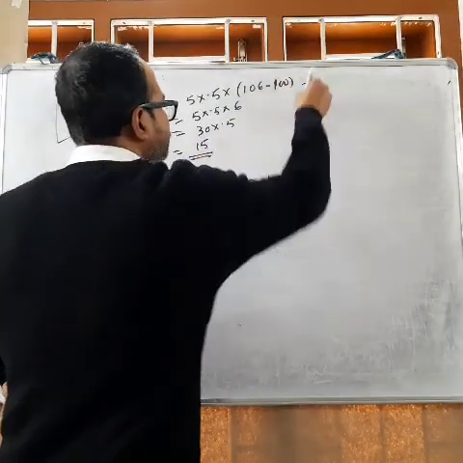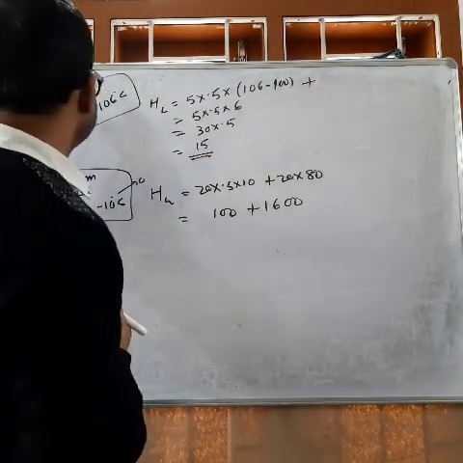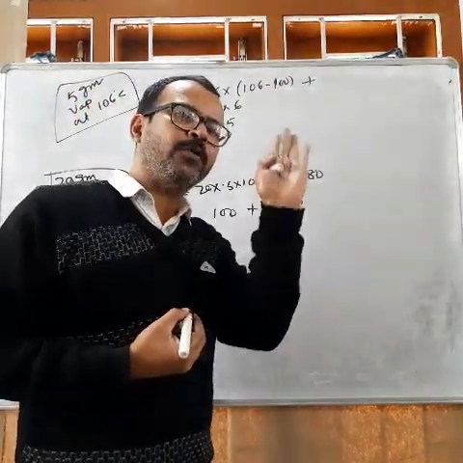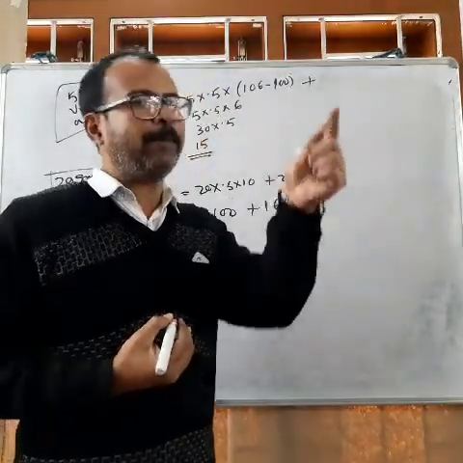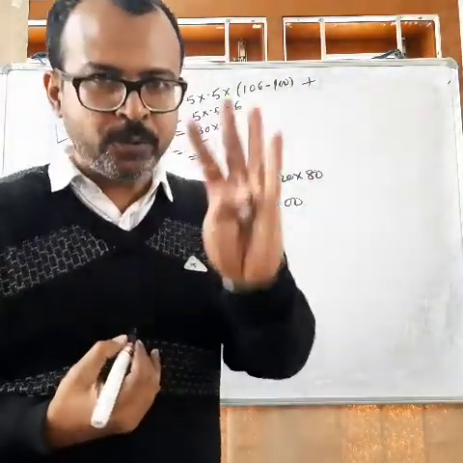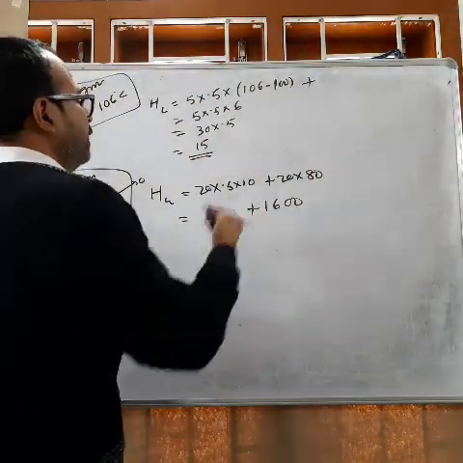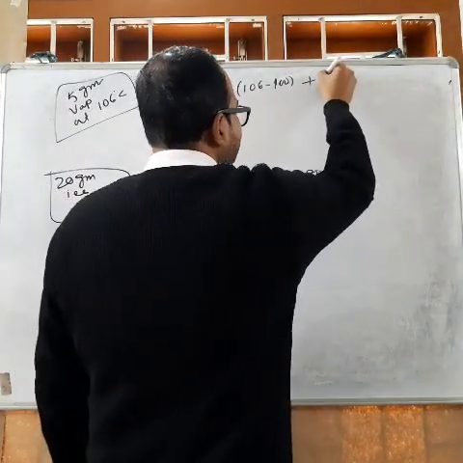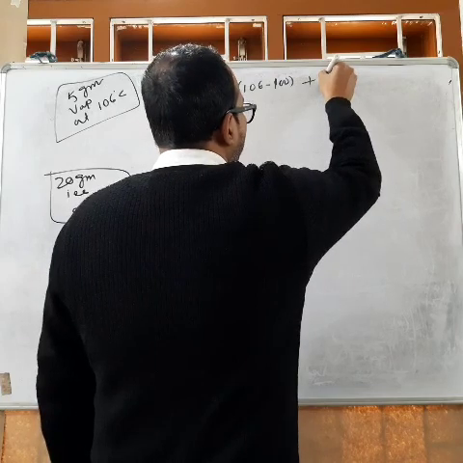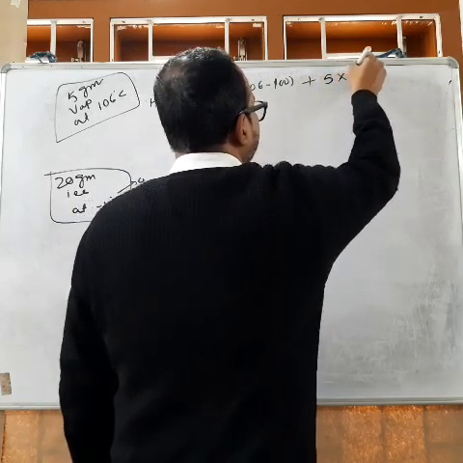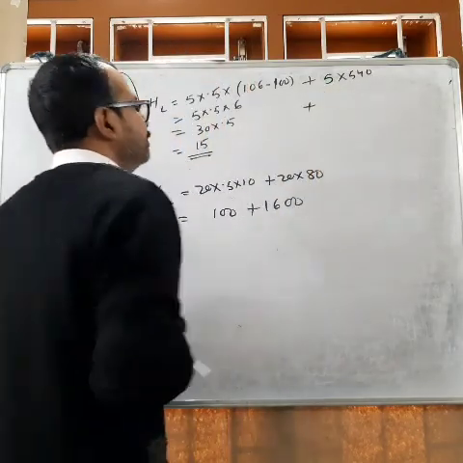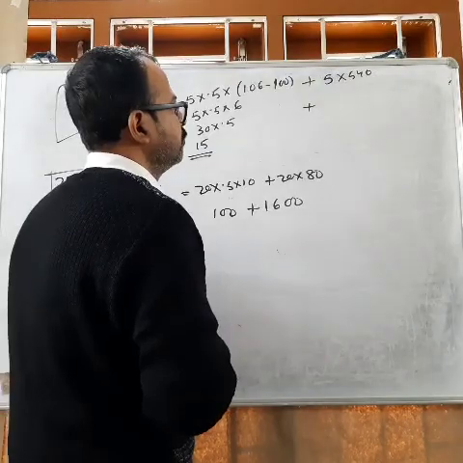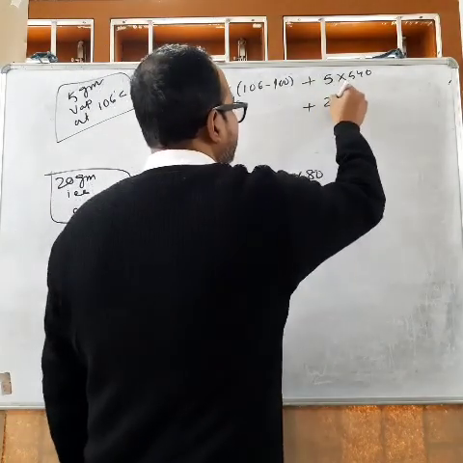So this part gives us only 15 calories. When water gets converted to vapor, you have to supply heat. When vapor gets converted to water, you have to withdraw heat from it. So heat lost by vapor when it gets converted to water is 5 into 540, I think 2700.